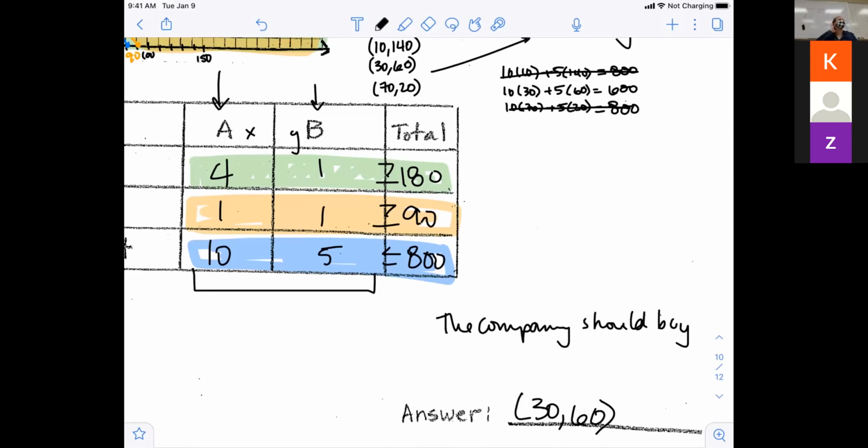Which one's the X brand? Okay. So if I said 30 is X, then that means I need 30 units or 30 pounds or whatever of my A brand. So I'm going to say it should buy 30 units of brand A. And it should also buy 60 units of brand B.